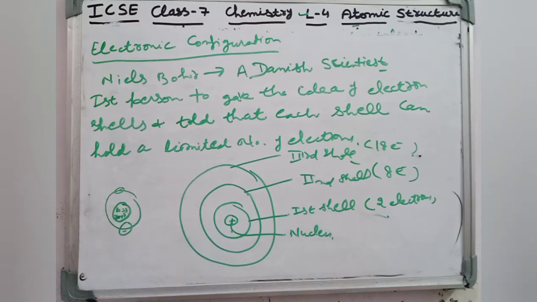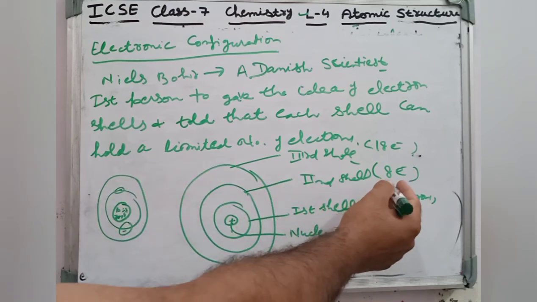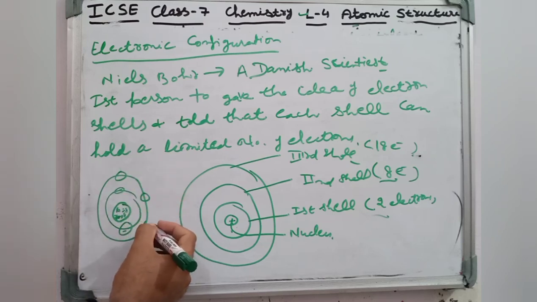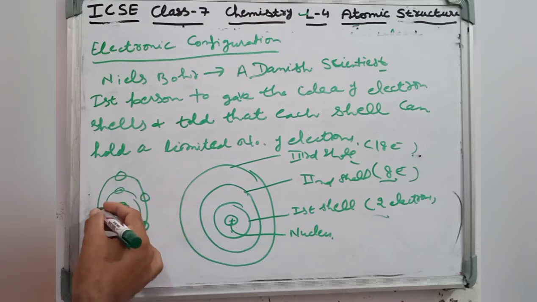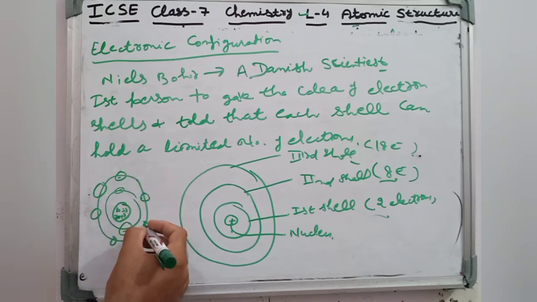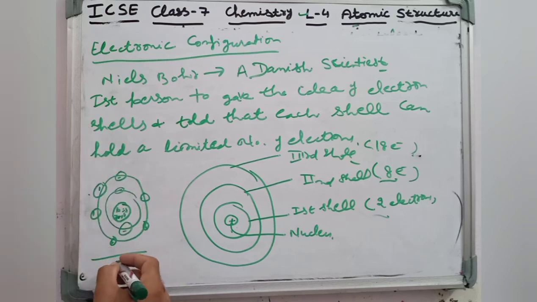Now the remaining 6 we can move on to the next shell, which can hold 8 electrons. Here 6, 1, 2, 3, 4, 5, 6. These are all negative. Negativity means electrons. This is the arrangement of electrons for the oxygen atom.